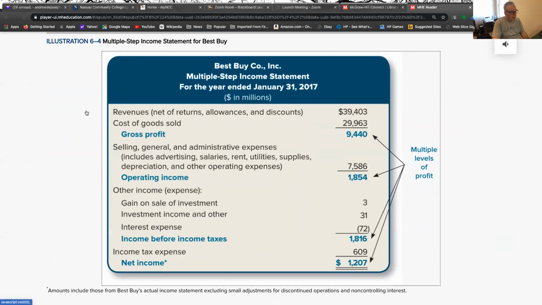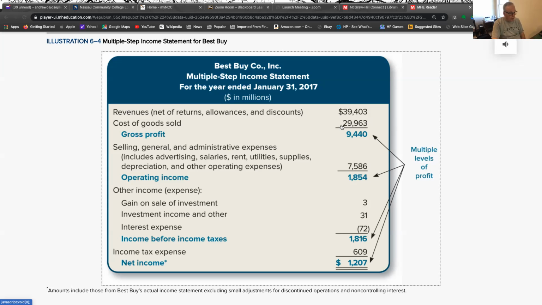Right, and here is the income statement again. We saw this last time. We did a problem last time. Revenues. And here they're showing it net, right? Net of returns, allowances, and discounts. We talked about that last time. Sometimes you'll see it with the gross revenue, and then they'll show you these individual amounts. But here what they did is they kind of combined things.